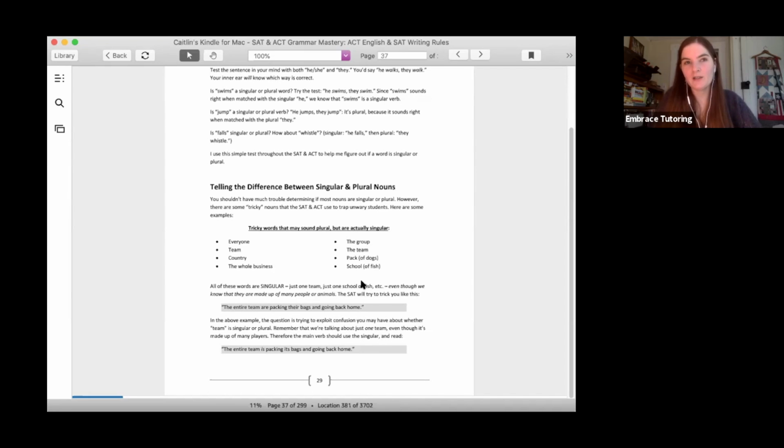So everyone is a collective noun that is really looking at everyone, right? So it's looking at all in a group. It's an all-inclusive word, or type of group. So we have different classifications of groups.